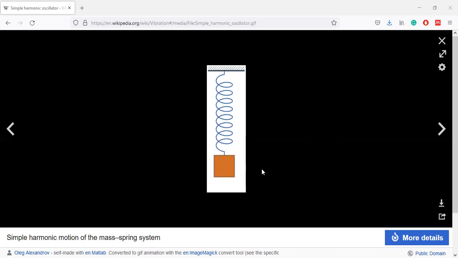So this is a simple illustrative example for the analysis of simple harmonic motion, or single degree of freedom motion, of a free vibration case. The vibration is called free vibration because it is given only an initial excitation.